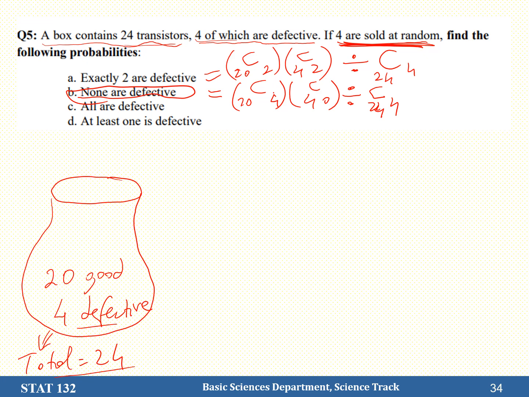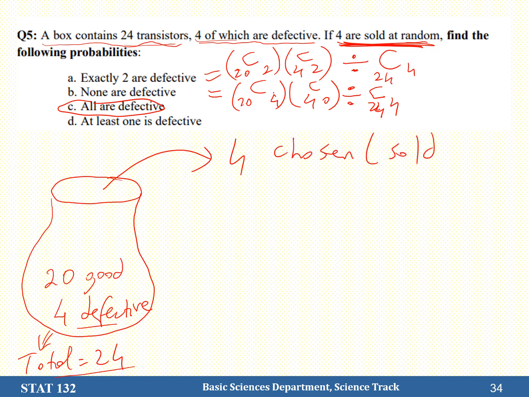Now, let's look at C. Okay, 4 is chosen or sold anyway. We know it. This time we want all defective. All defective means 4 of them are defective. So we want 4 defective and 0 good.